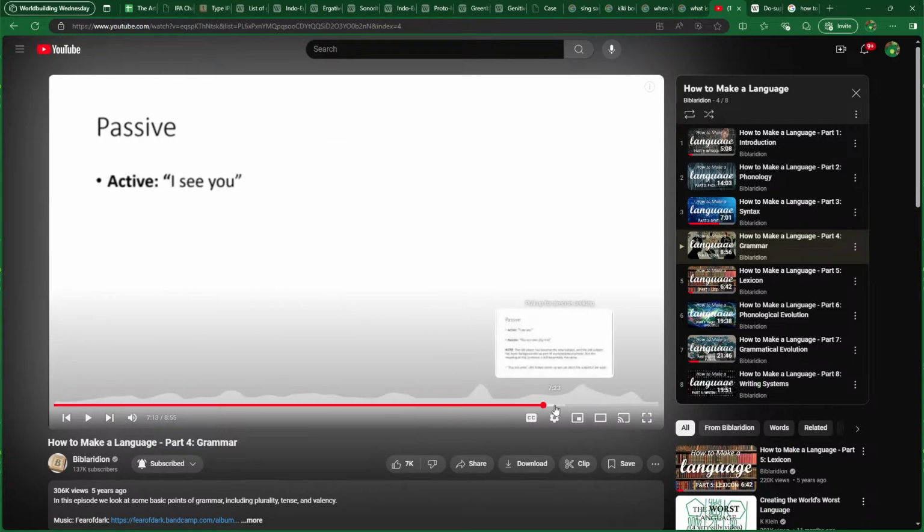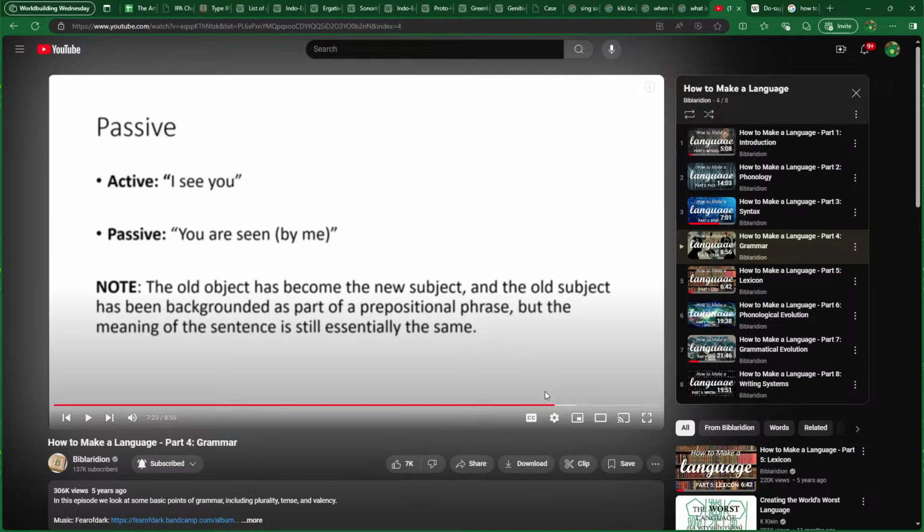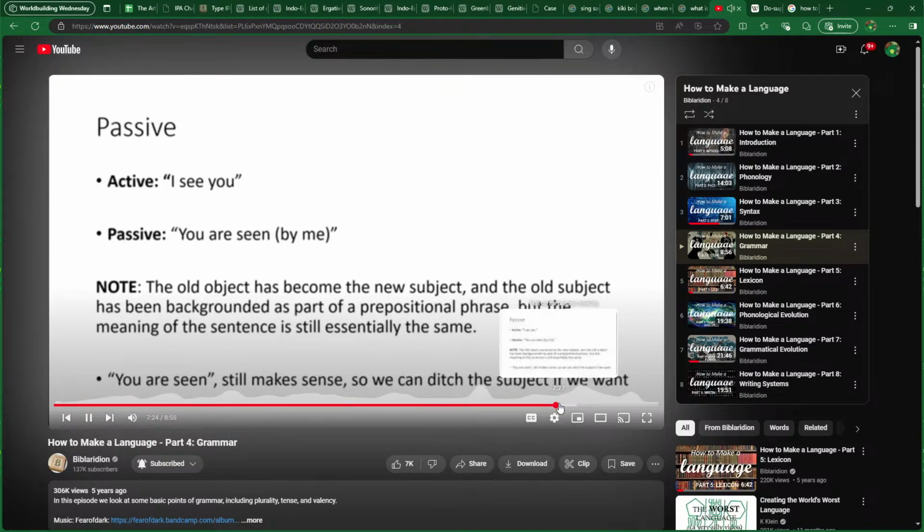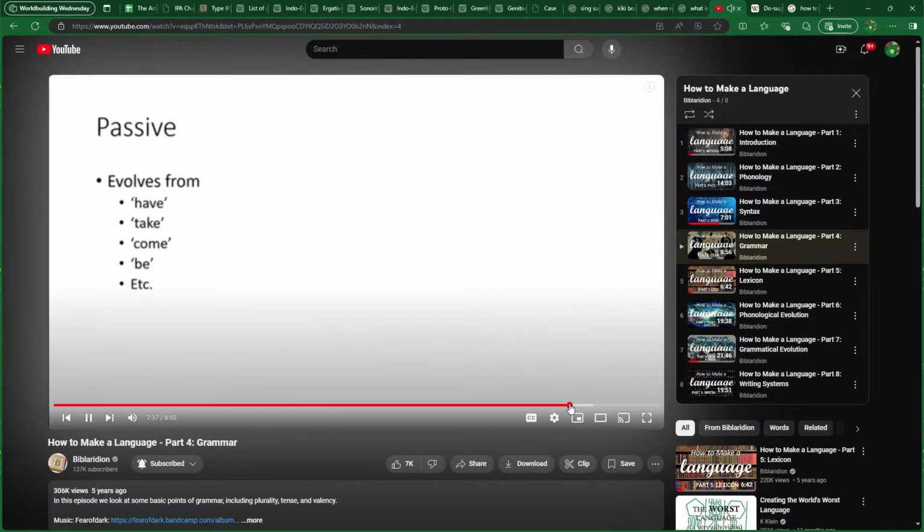So passive. Yeah. Or just get rid of it. Verb that previously had from a number of different verbs. Could be have, take, come, be. English uses be, the copula, but these other things are also equally likely.